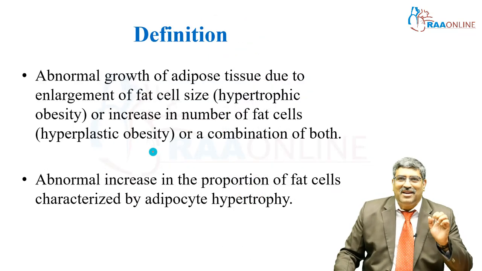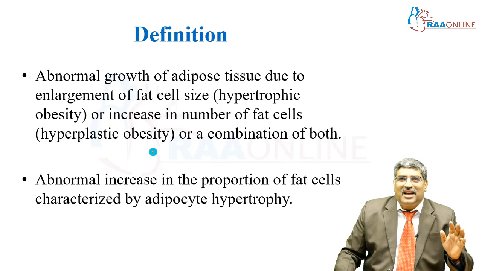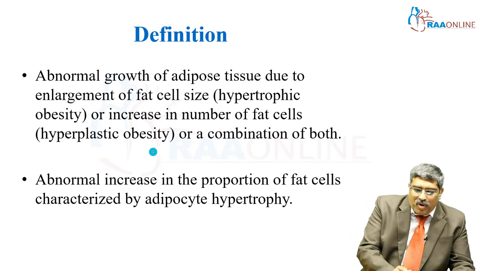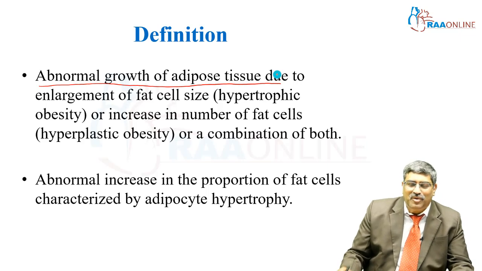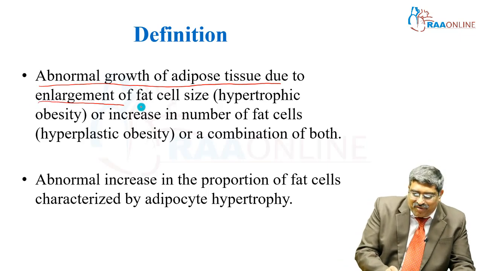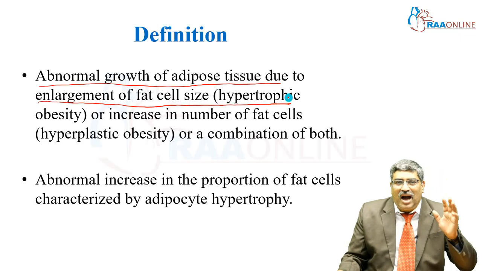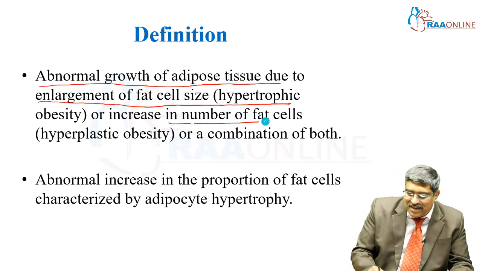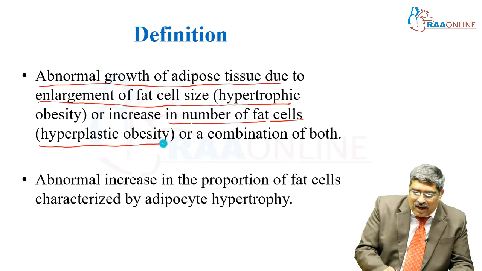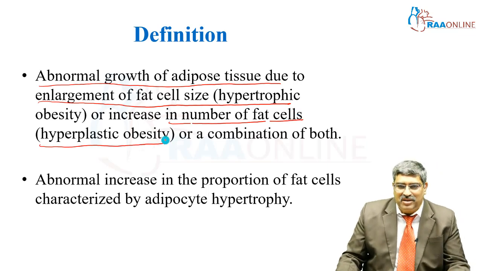Now coming to the definition. It is nothing but abnormal growth of adipose tissue due to enlargement of fat cells, which is hypertrophic obesity, or increase in number of fat cells, which is called hyperplastic obesity.